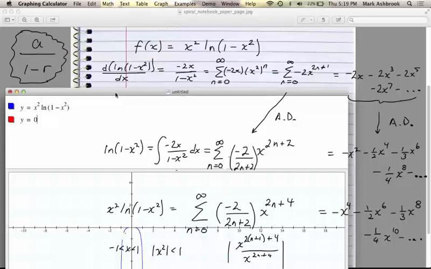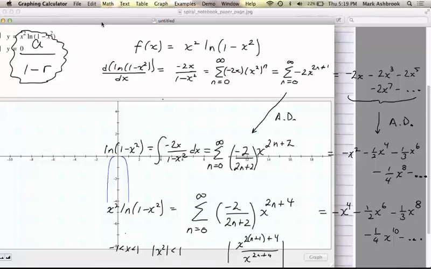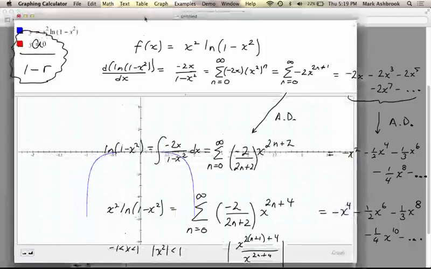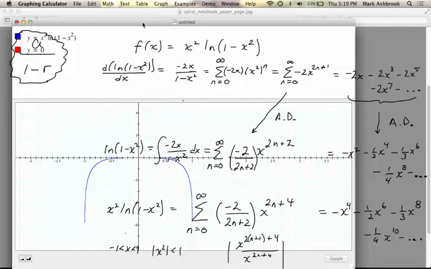So let's just see what that looks like first of all. All right, very good. There's that function between -1 and 1. So let's zoom in here a little bit. Okay, nice. So the blue one is the actual function we were given. All right, and then we're trying to estimate it with this power series, -x to the 4th.